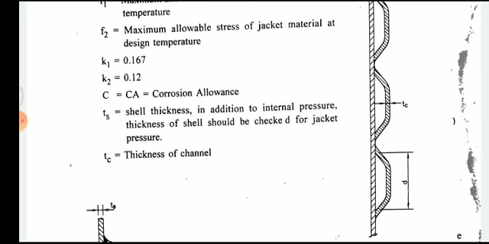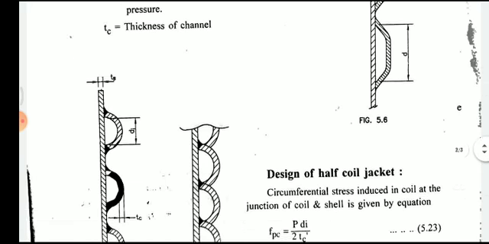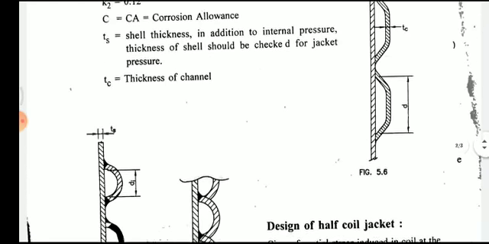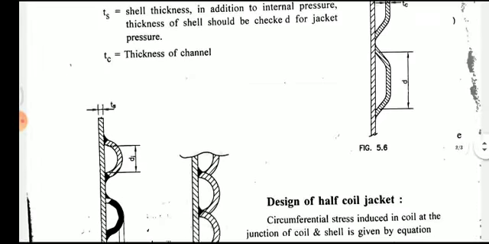In addition to internal pressure, the thickness of the shell should be checked for jacket pressure. And t_c is the thickness of the channel. These are the design equations to follow.